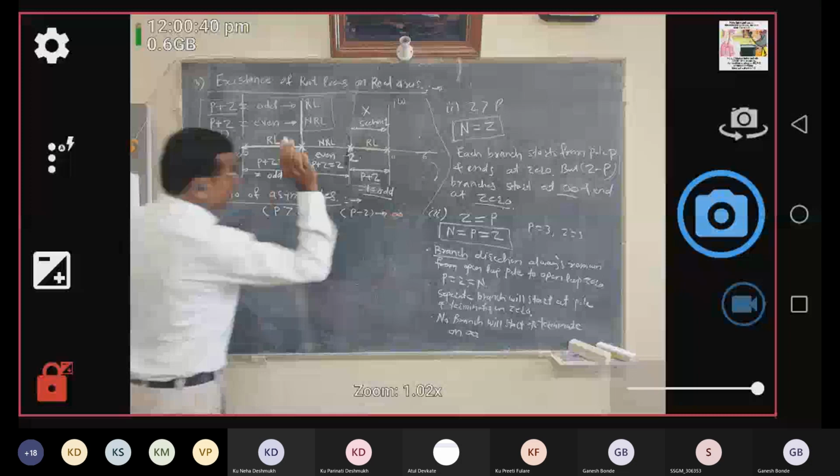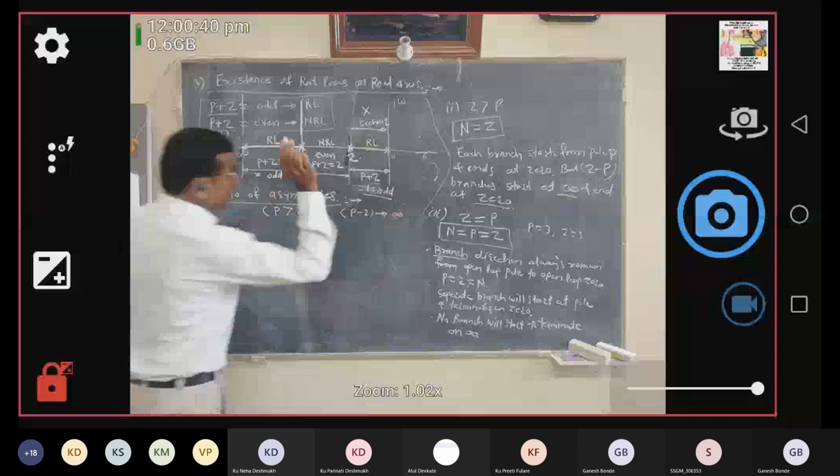Okay, so what do you mean by asymptote? So asymptote is nothing but it is simply a guideline for the branches to terminate at infinity. Okay, so therefore write down the definition of the asymptote.